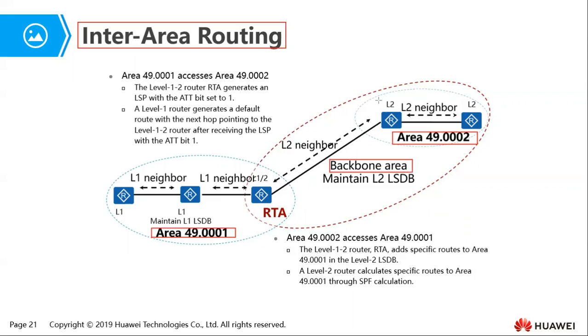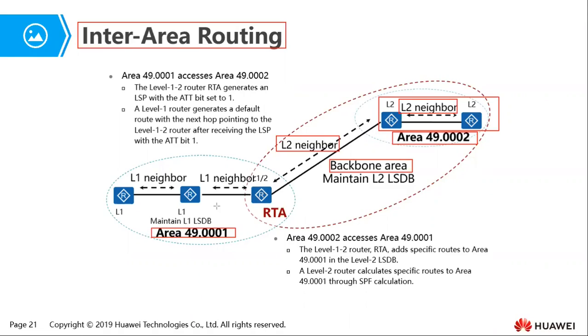In our backbone area, we have level 2 routers. Level 2 routers, as I explained earlier, can form neighbor relationships with other level 2 routers, and they can also form neighbor relationships with level 1-2 routers.